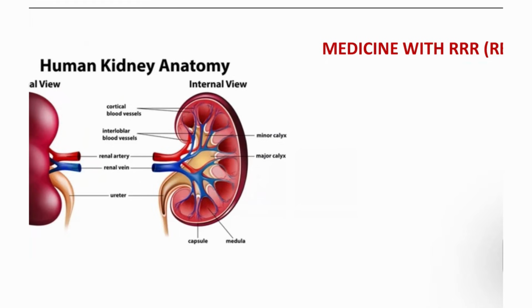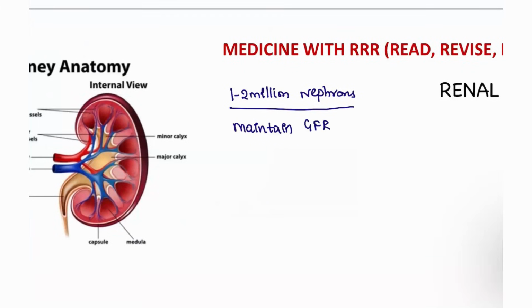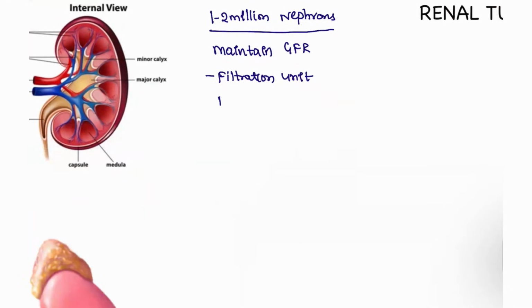So first thing you have to know, the internal structure of the kidney contains 1 to 2 million nephrons. What will these nephrons do? They will maintain our glomerular filtration rate with the help of the filtration unit. What do these filtration units contain? Basement membrane.